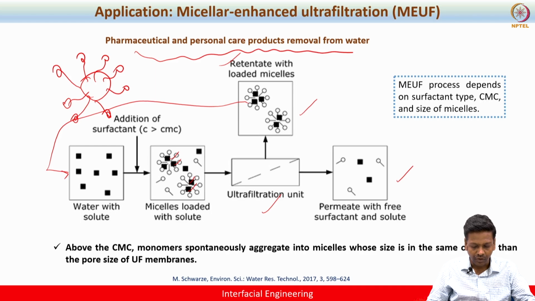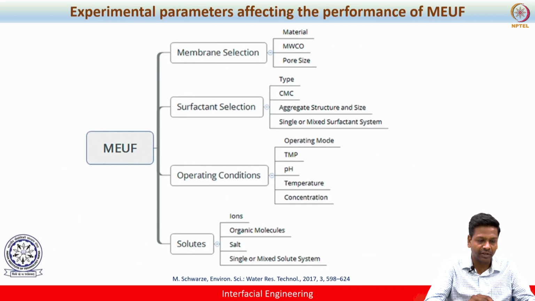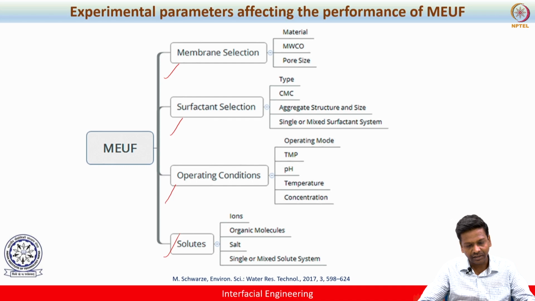Before we explain the technique to separate the surfactant from the target contaminants, we will first look at the various experimental parameters that affect the performance of this membrane process. There are several key parameters to keep in mind: membrane selection, surfactant selection, operating condition, and the different types of solute molecules we are dealing with.